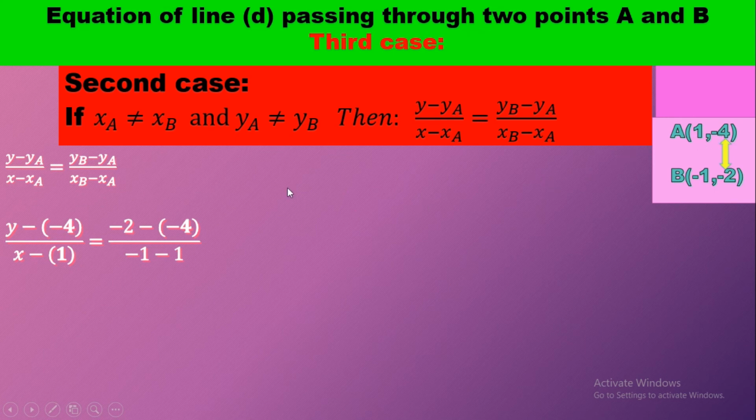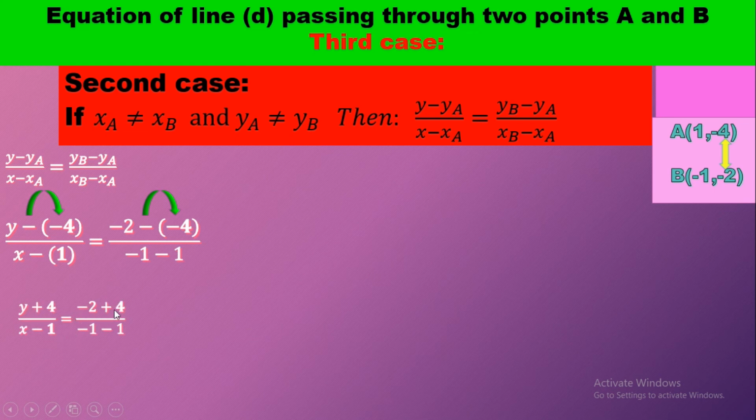Also yb and xb. Yb is minus 2 and xb is minus 1. We just replaced them. Well, as you see here, we cannot put two minus signs beside each other without parentheses. Now we multiply the signs in order to remove parentheses. Minus times minus is plus. Also here, minus times minus is plus. Now we just solve them.